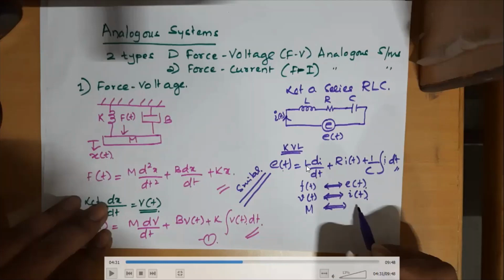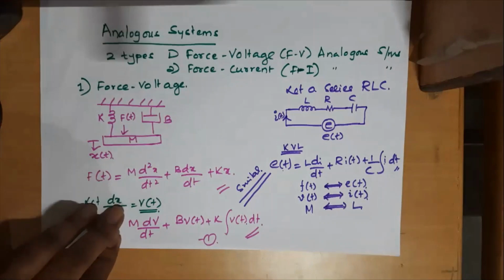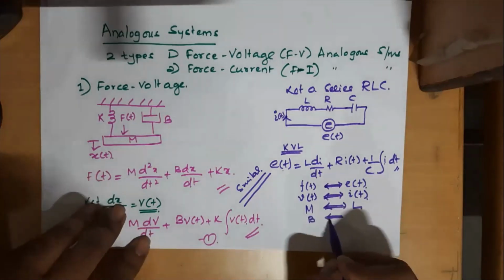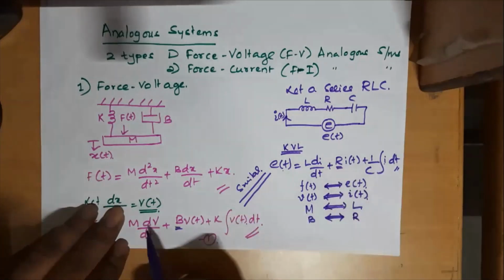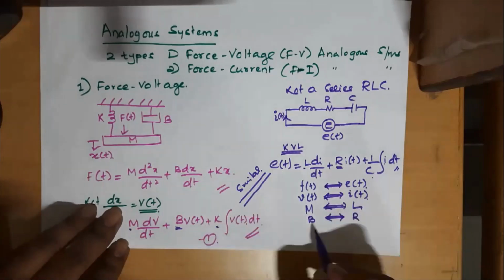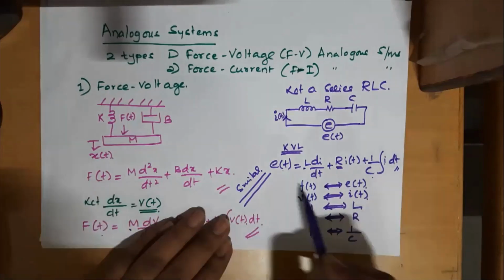Then let us see the system constants. M is equivalent to L. Then similarly, B is equivalent to R. And the last one, K is equivalent to, is it C or 1 by C? K is equivalent to 1 by C. Very simple.